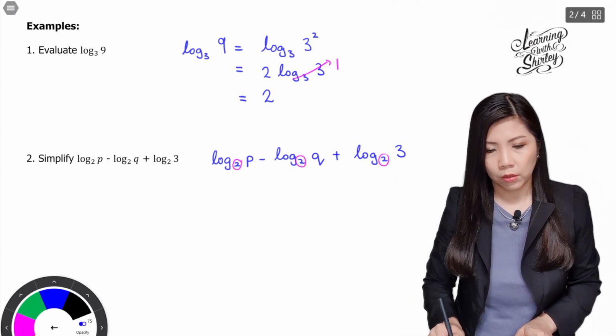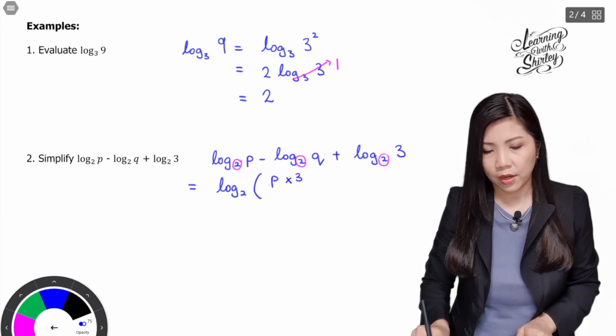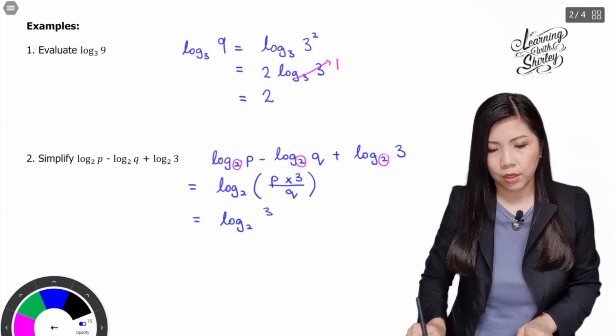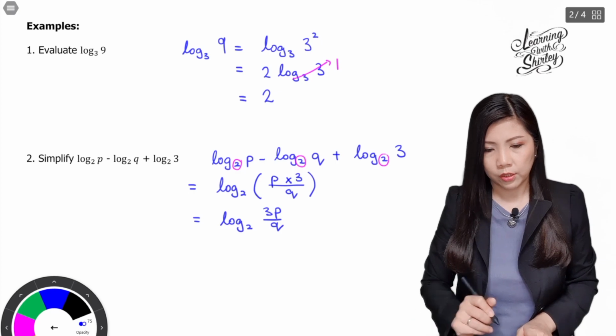So we can combine them under one log base 2. In brackets, p times 3 over q, so equals log 2 of 3p over q. So that's the answer.